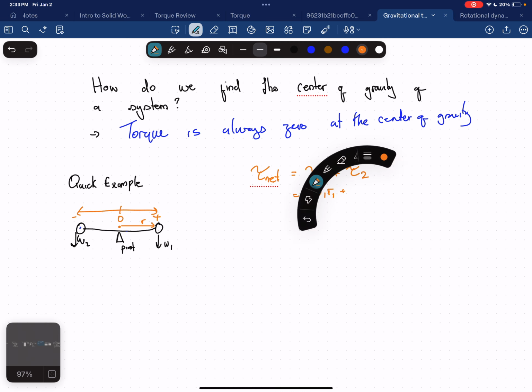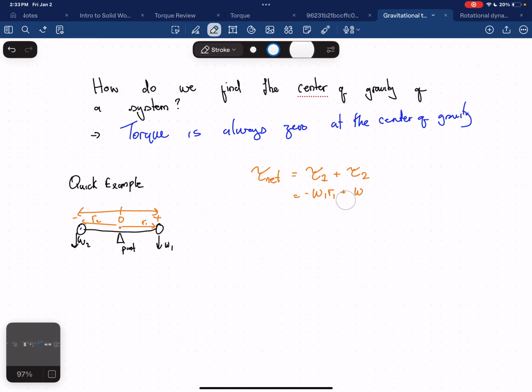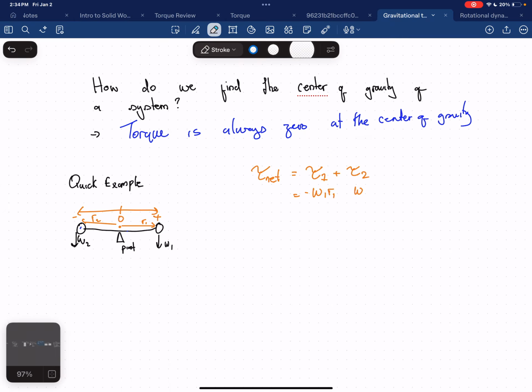Weight 2 wants to take me counterclockwise. But my R for torque 2 is in the negative direction. So my whole system is going to be negative as well.